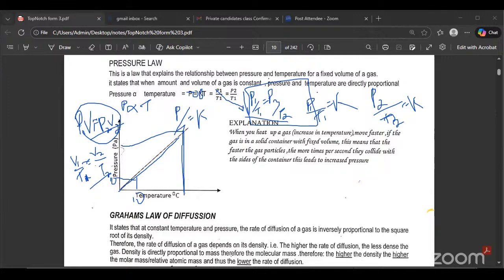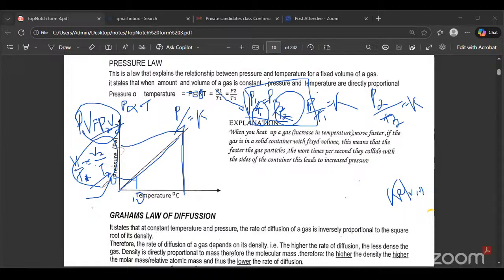I will not dwell on it a lot, but remember, if you are given a calculation and it touches the pressure law, the temperature should be calculated in Kelvin. I don't want absolute scale. Tafadhali ukicalculate tumia absolute scale, which is in Kelvin. Do not calculate in degrees Celsius. It's the same with the Charles law.